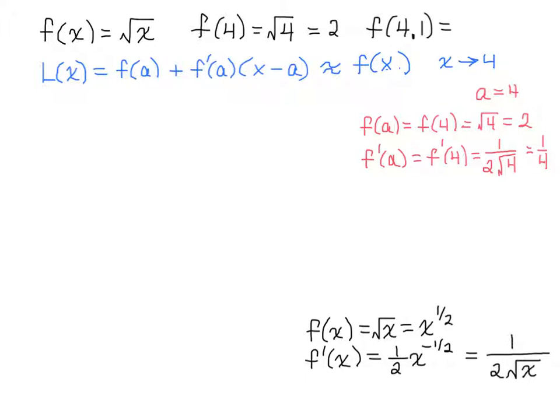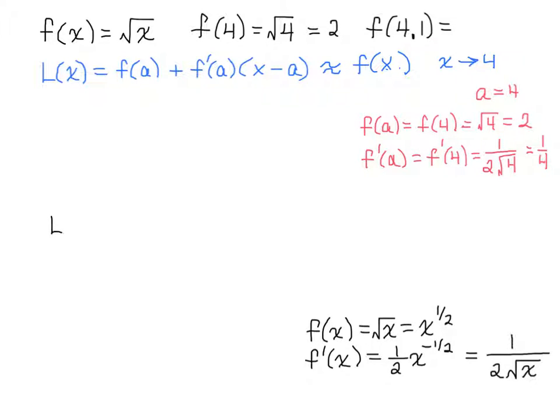I have a, I have f of a, and I have f prime of a. So I'm going to rewrite this linearization with the values for f of a, f prime of a, and a. And what do I get?